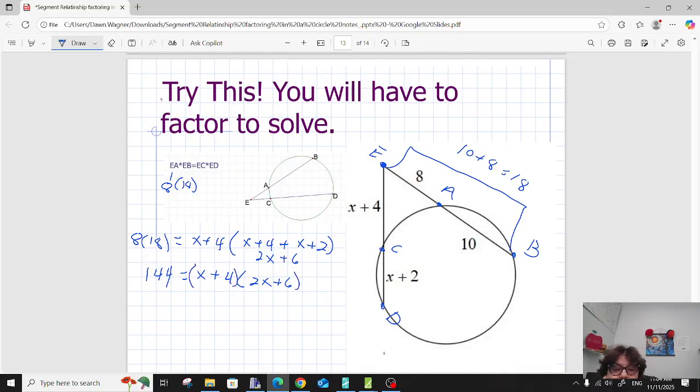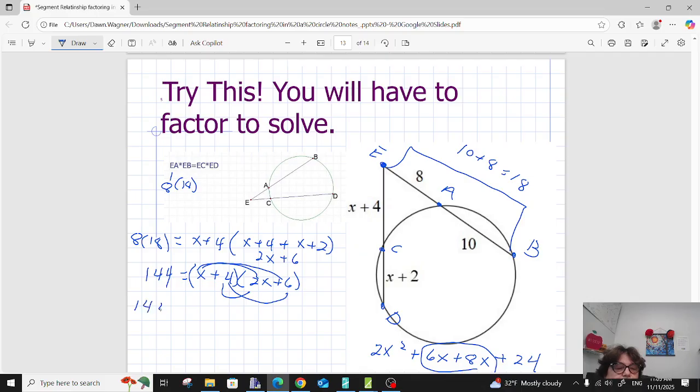So I would get, I'm going to do it over here off to the side, 2x squared, because x times 2x is 2x squared. X times 6 is 6x. 4 times 2x is 8x. And 4 times 6 is 24. I'm going to combine my like terms. And that'd be 14x.